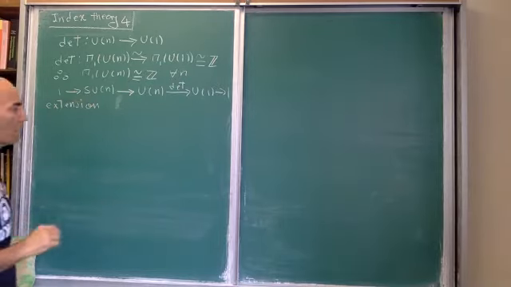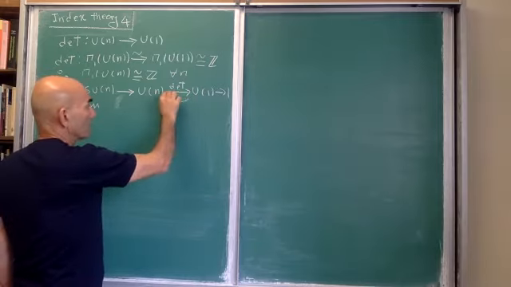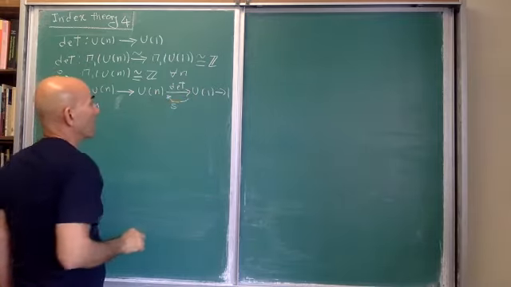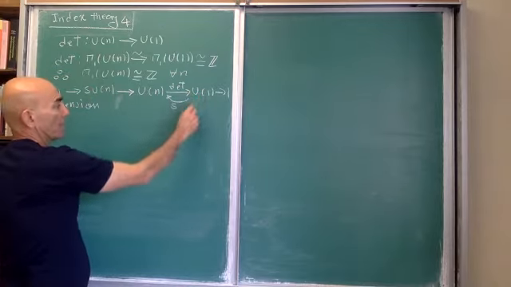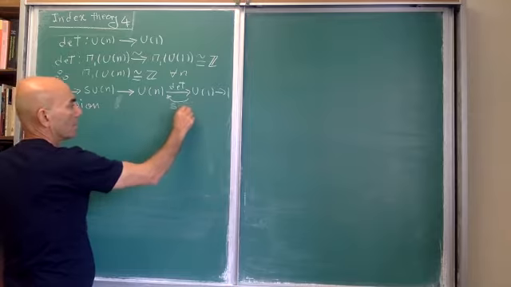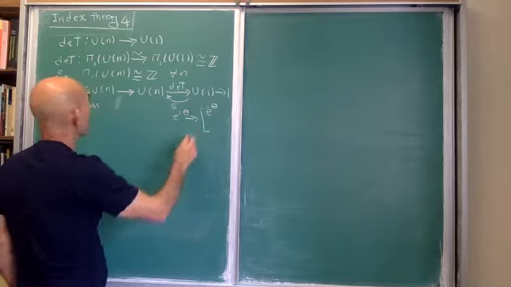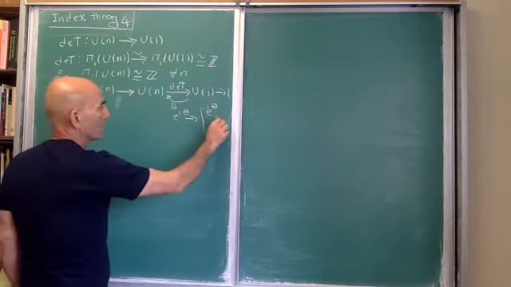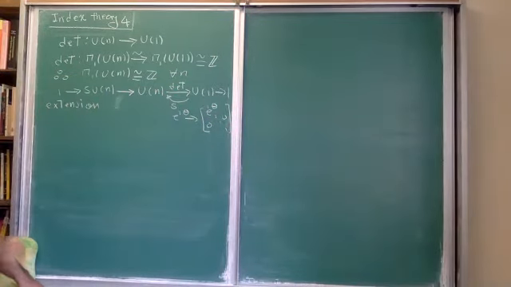Maybe I don't even need it, but I think this extension is actually split. So there is a map in this direction, S. What is this map? S sends e to the i theta to this unitary matrix, diag(e to the i theta, 1, ..., 1). So it's a splitting of the determinant, as you can see.